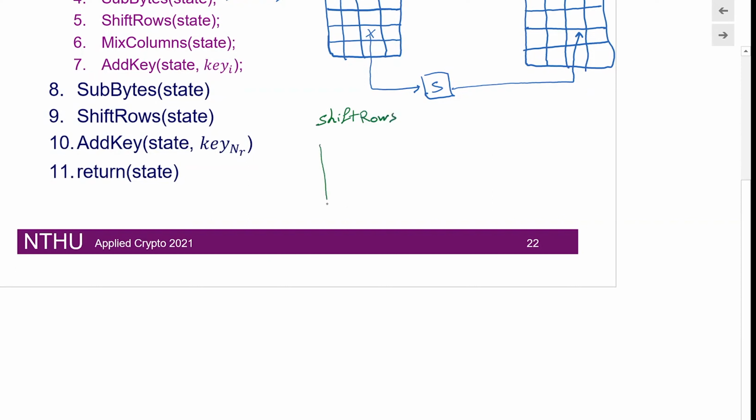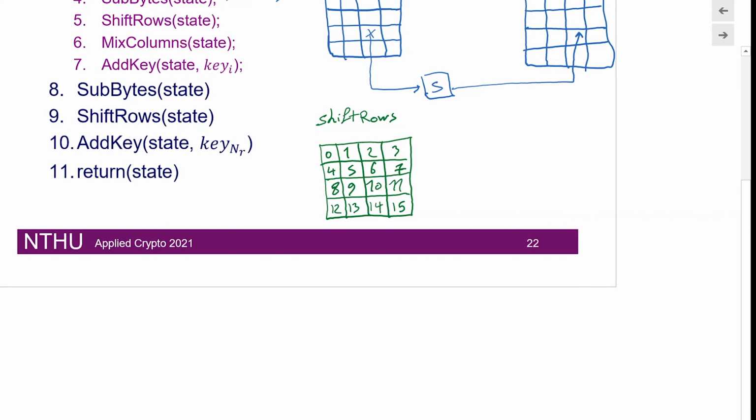So the idea of the shift rows is to shift the rows this way. I would like to name the bytes 0, 1, 2, 3, 4, 5, 6, 7, 8, 9, 10, 11. Right, so these are the 16 bytes.